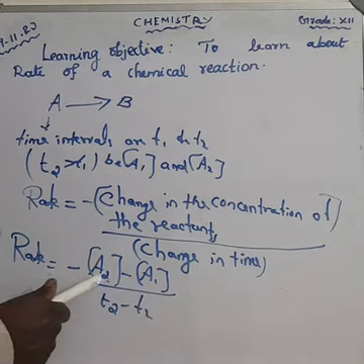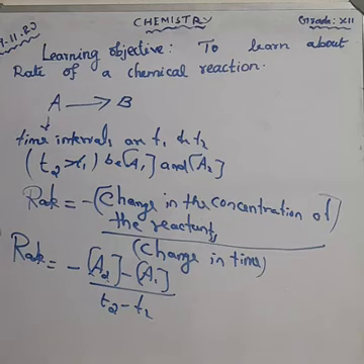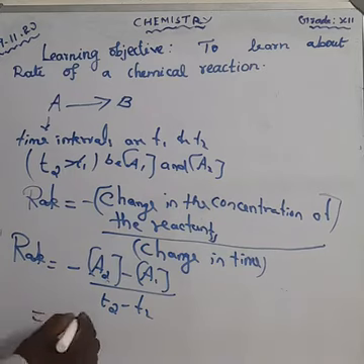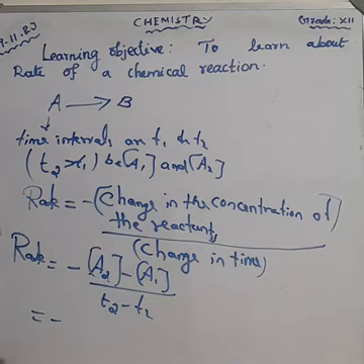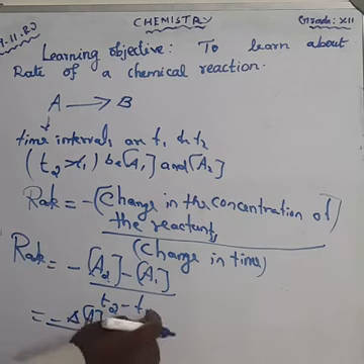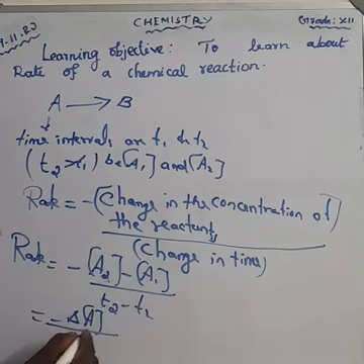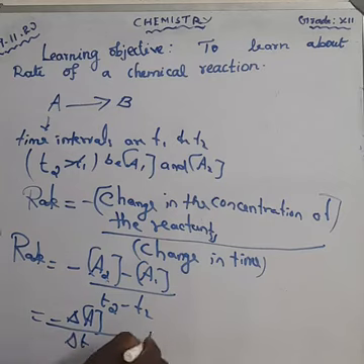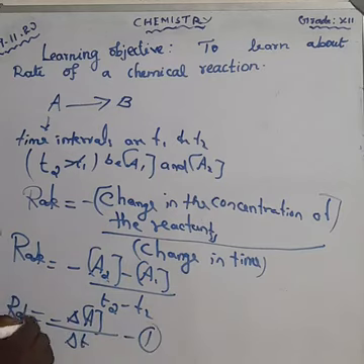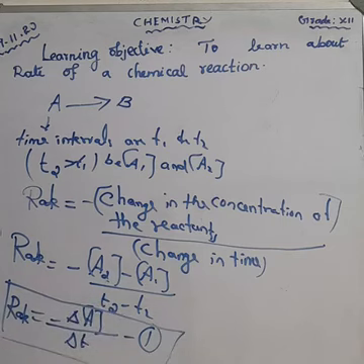A2 is the concentration of A at T2 and A1 is the concentration of A at T1. We can write the change in concentration as delta A, and T2 minus T1 as delta T. This is equation 1, the formula for rate: rate is equal to minus delta A divided by delta T.